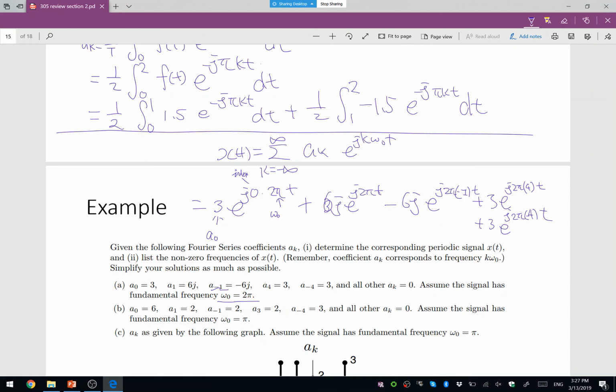So if you want to simplify this one, actually this can be simplified because you see some symmetric thing here, and hopefully we can use Euler's formula to simplify this into sines and cosines. So let's go to another board.